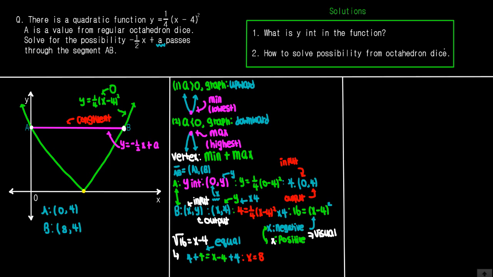So we found the two coordinates of A and B, which was the way to solve for the length of our segment AB. If you think about lengths on the coordinate plane, it is going to be the difference between the coordinates.